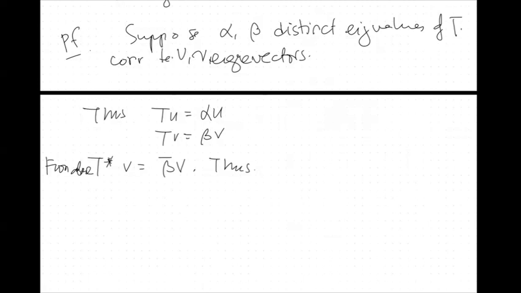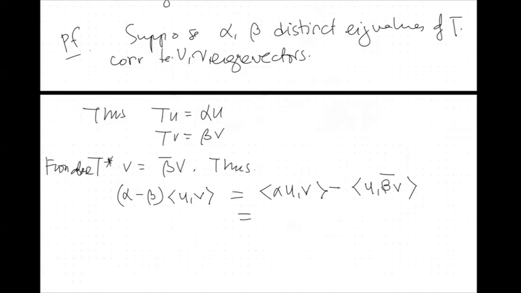Thus, we get (alpha minus beta) <u, v>. This is just equal to alpha <u, v> minus <u, beta conjugate v>.